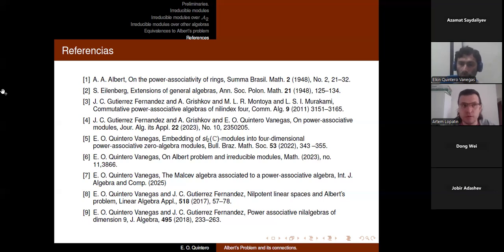It's interesting. We have examples of nil algebras which are not nilpotent, but solvable; until now every nil algebra that is finite dimensional is, of course, solvable.